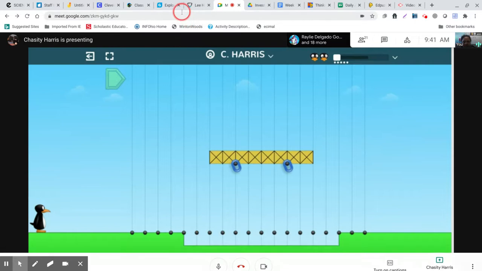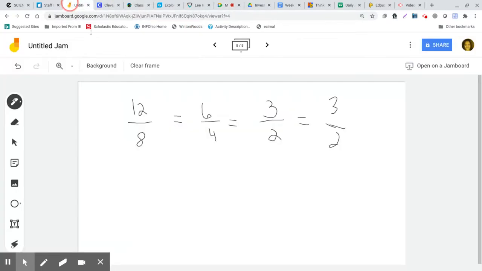Yeah, 8 to 12. All right, so what does that simplify to? 8 to 12 simplifies probably to 2 to 3, right? Yes. 8 to 12 simplifies to 2 to 3.